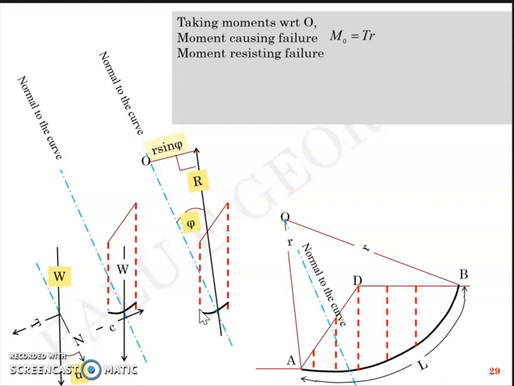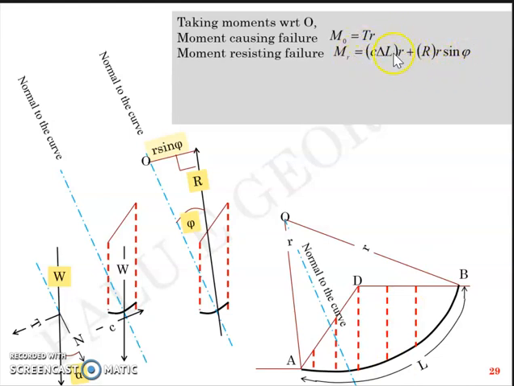Now coming to the friction part, I can have R multiplied by R sin phi. R is the component of reaction which offers a lever arm of R sin phi with respect to O. So I can have the sum of the moments which resist the failure written as C delta L into R plus R sin phi.